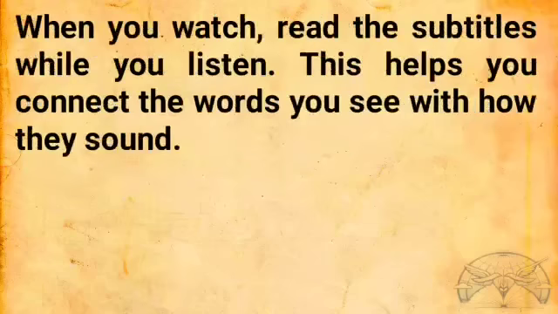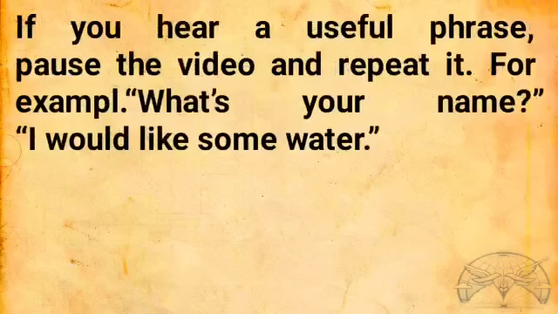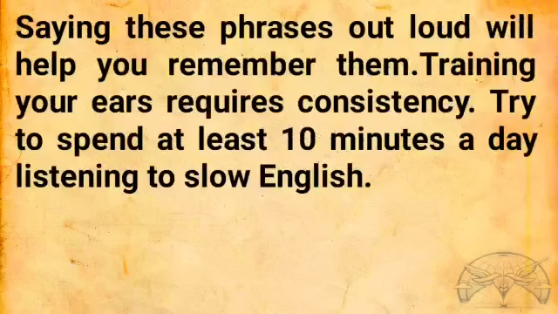When you watch, read the subtitles while you listen. This helps you connect the words you see with how they sound. If you hear a useful phrase, pause the video and repeat it. For example, "What's your name?" "I would like some water." Saying these phrases out loud will help you remember them.